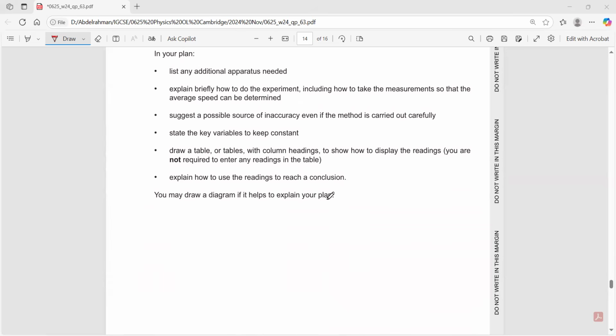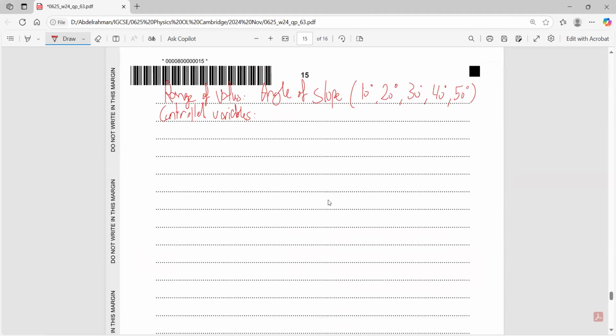So let's write them down. Distance traveled between 2 points on the slope. The starting point on the ramp.